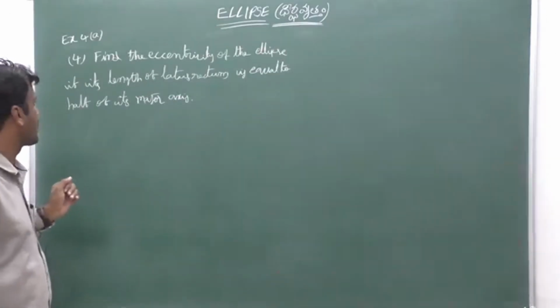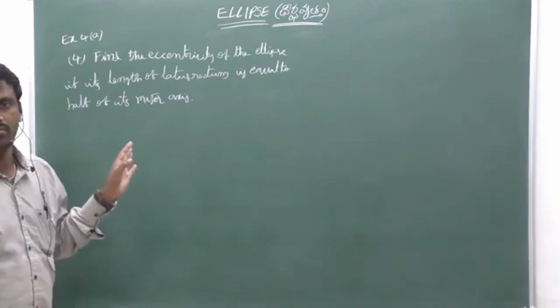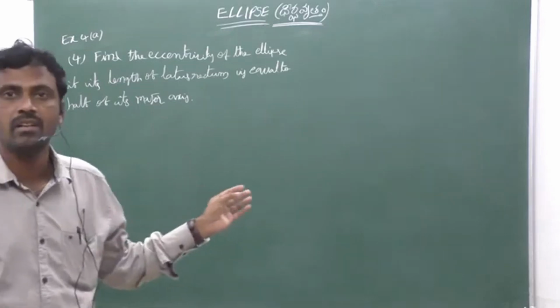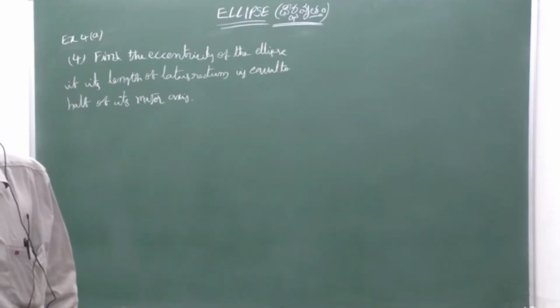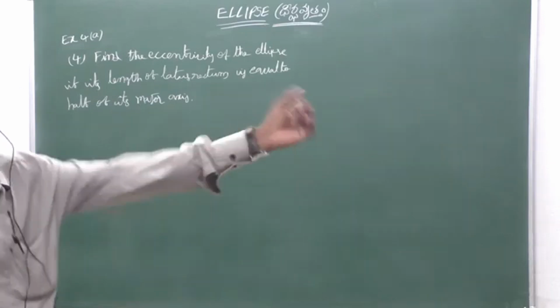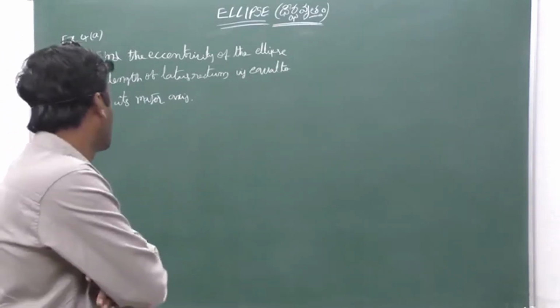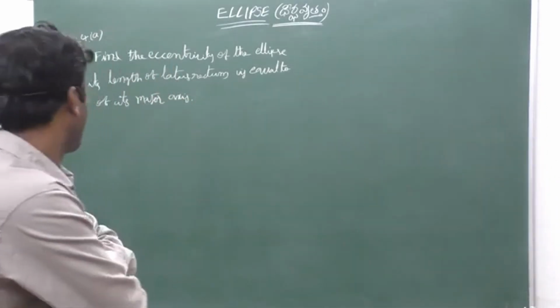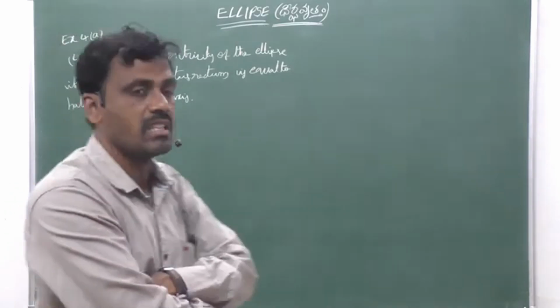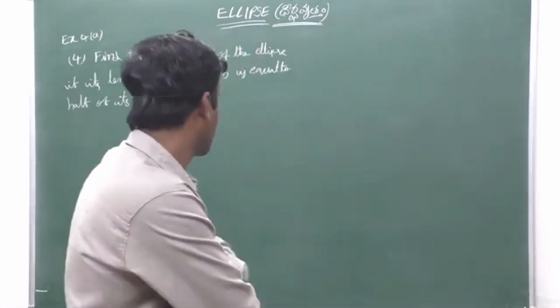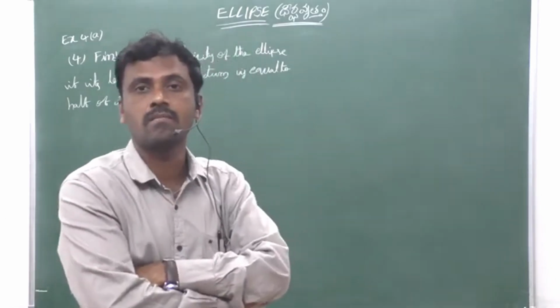Eccentricity of the ellipse, of course, standard form of ellipse. As I told you earlier, if nothing is given, the standard form of the ellipse is x square by a square plus y square by b square equal to 1. Find the eccentricity of the ellipse if its length of latus rectum is equal to half of its major axis.